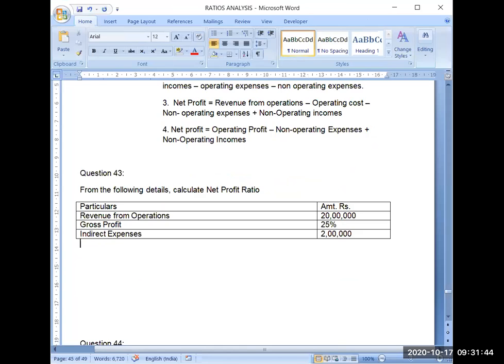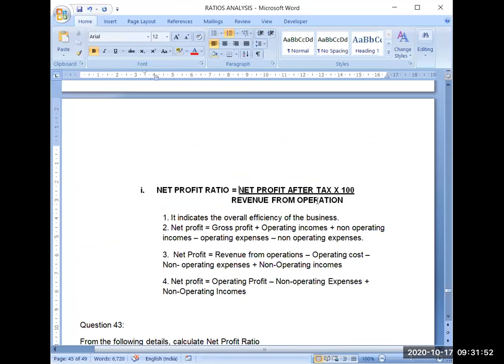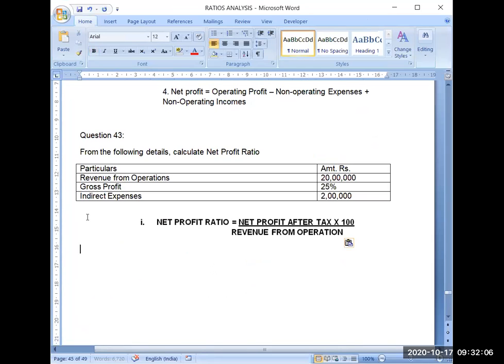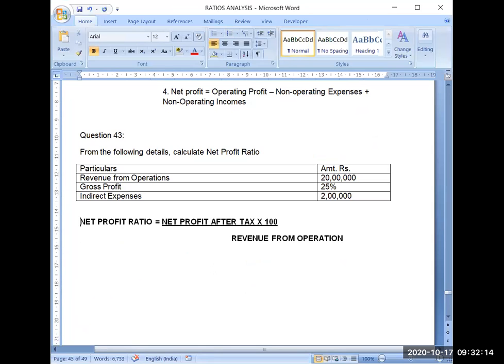So first we will write the formula. Simple formula is net profit after tax. If you have to consider net profit after tax for this ratio, the formula is net profit after tax into 100 upon revenue from operation.